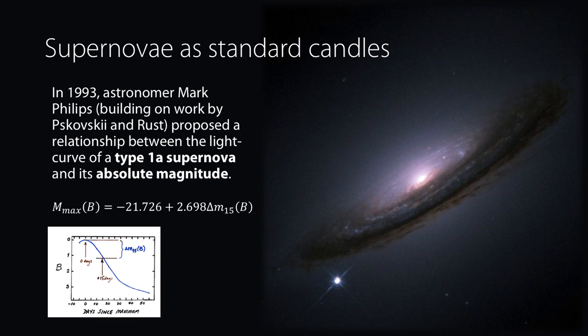And once we know its luminosity, it becomes a standard candle. Because we know its luminosity and its measured brightness here on Earth, we can use the traditional B equals L over 4 pi r squared formula to find the distance between us and it. And people did this.